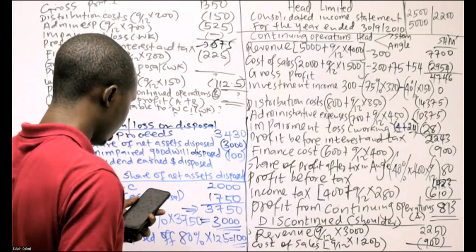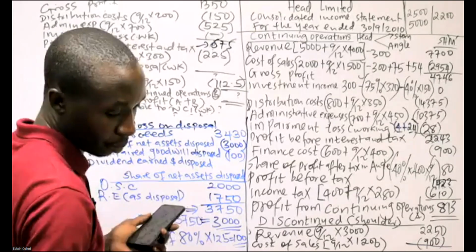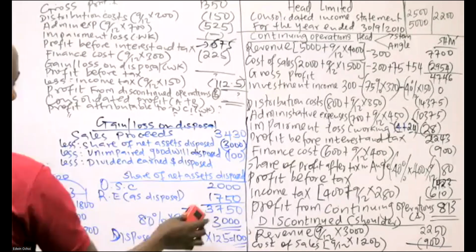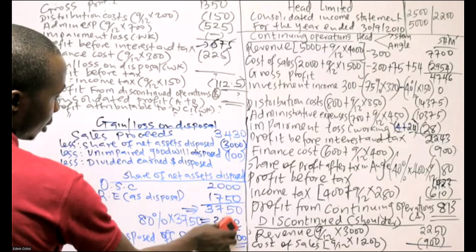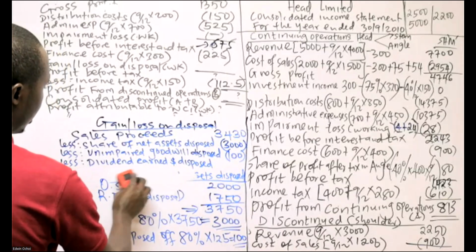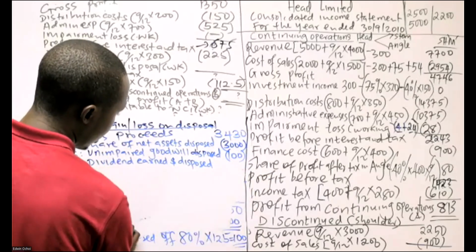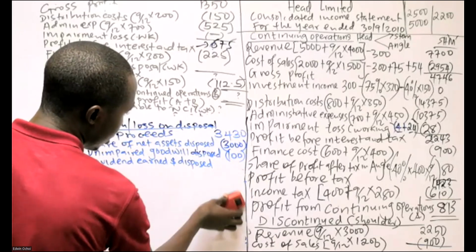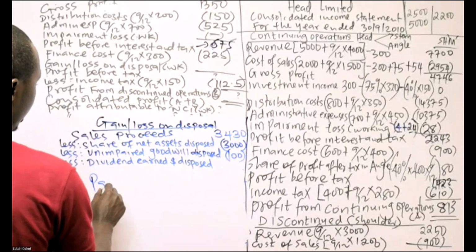So the dividend which Shoulder paid that the parent earned. Shoulder paid a dividend of 250.